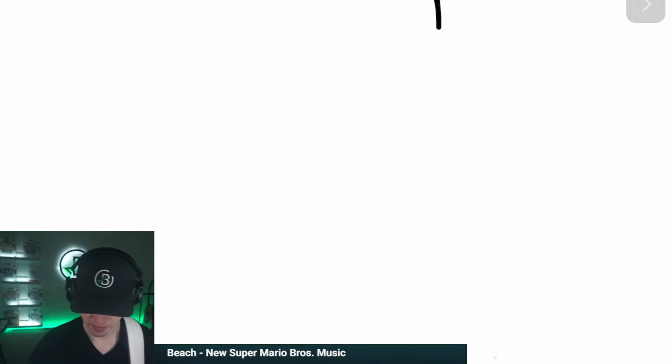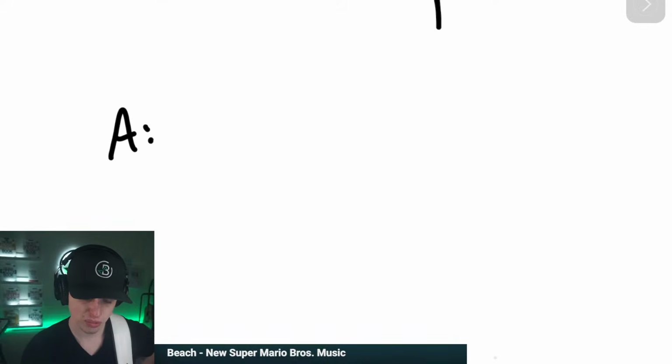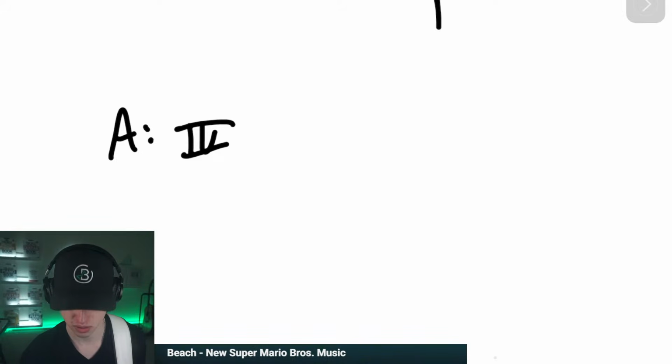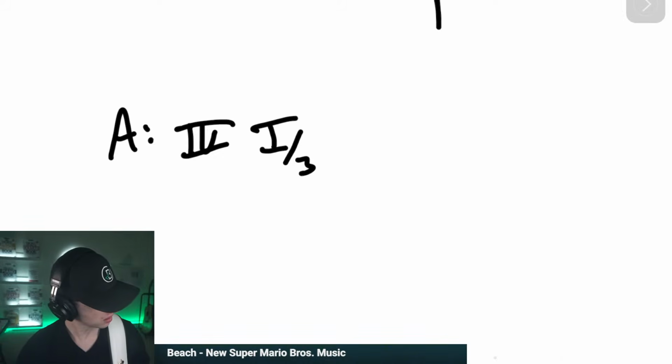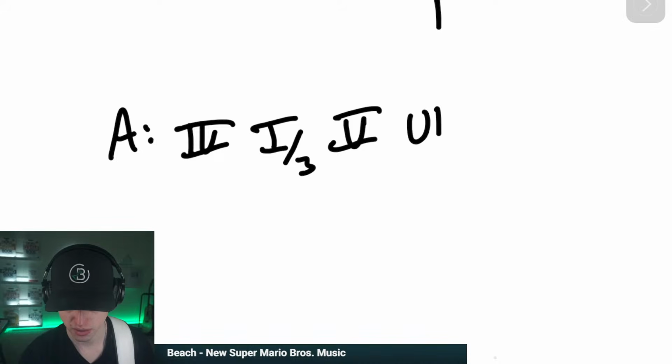So we're in the key of A major. And in the key of A major, the chord progression we hear in the B section goes 4. What I'm going to call, well, is that 4 over... okay, I'm going to call it 1 over 3. To 5, and then it goes to 6.